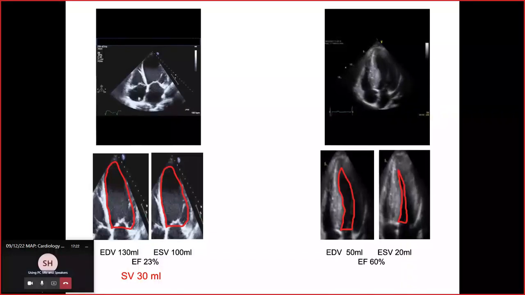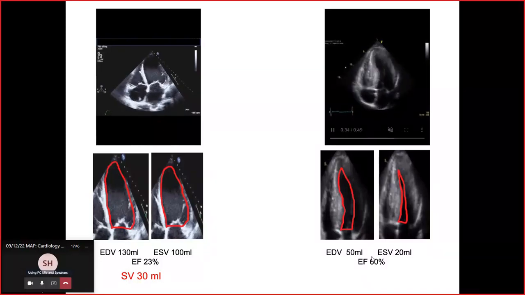So the amount of blood ejected is not enough. That's the systolic heart failure, and as well the heart will receive an equivalent amount of blood, so it will receive only 30 for the next cycle, and that's what we call diastolic heart failure. So in this patient, he has combined systolic and diastolic heart failure.